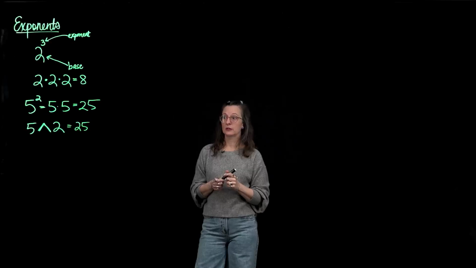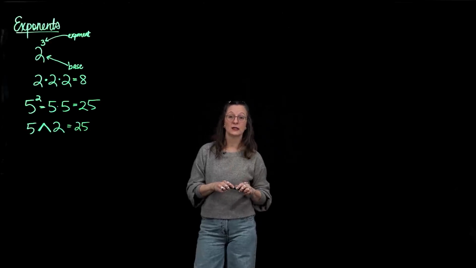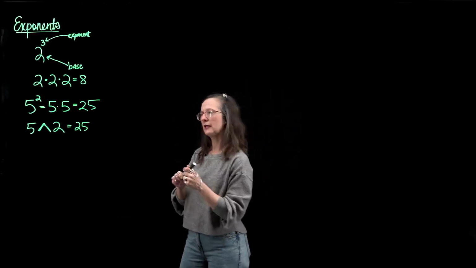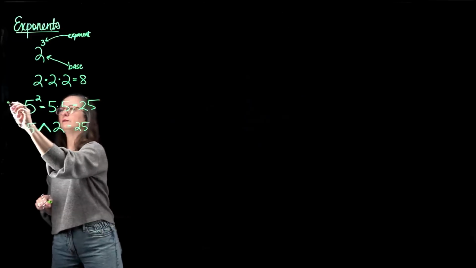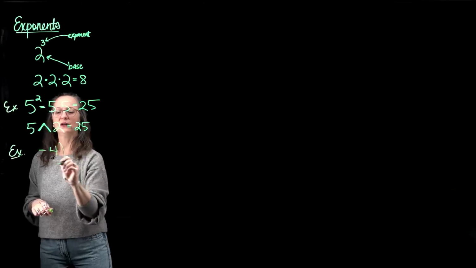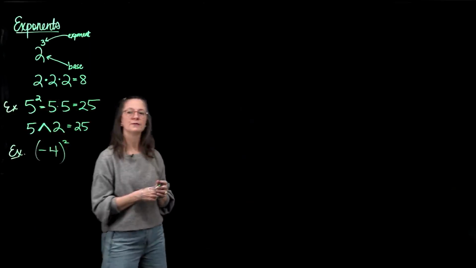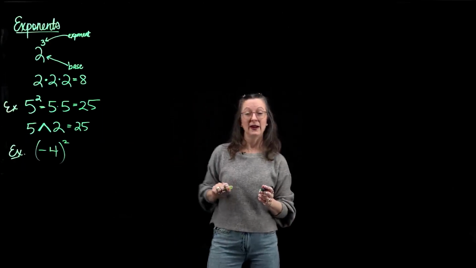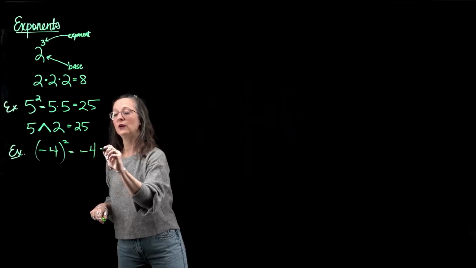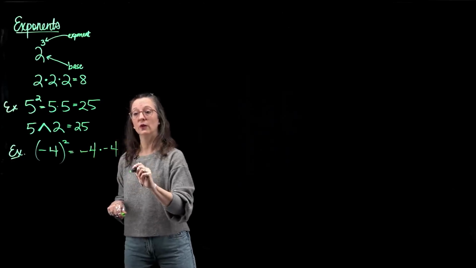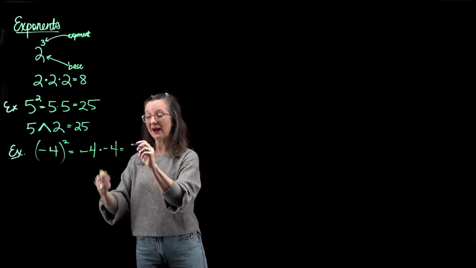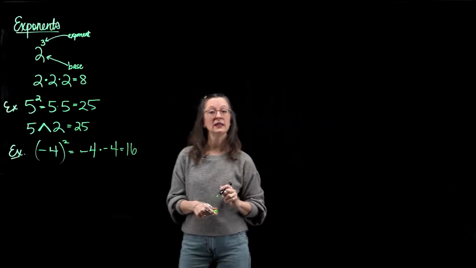Most exponents that you're going to deal with, you can put into the calculator, but we want to be really careful about how we do that. So here's an example that could be a little bit tricky. If I have -4 squared, this is -4 times -4. 2 negatives make a positive, so this would be positive 16.